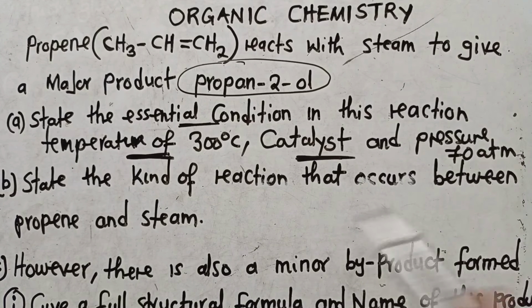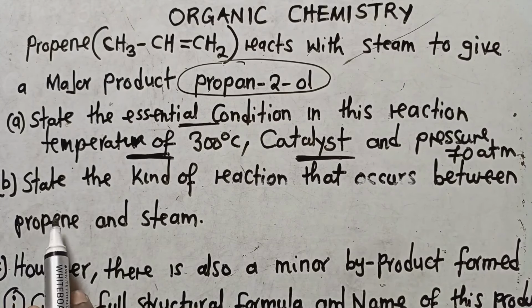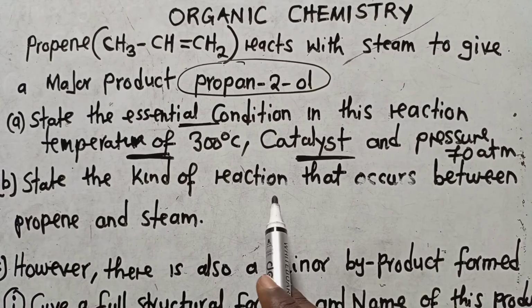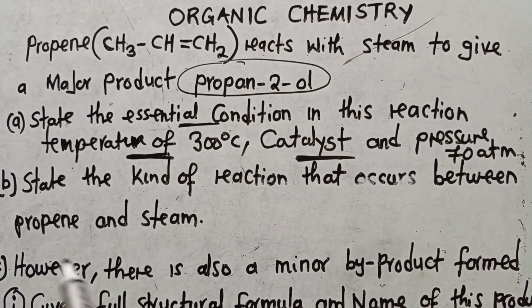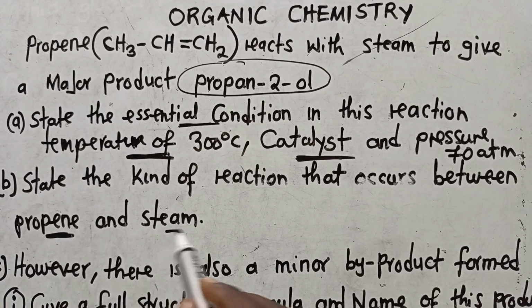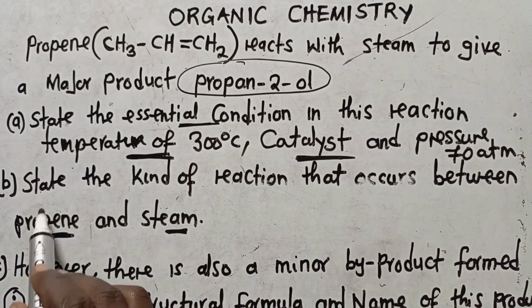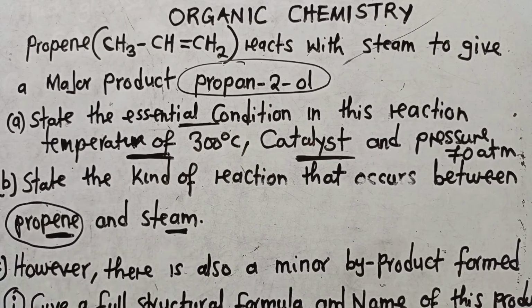After that, we go to the next question, which says, state the kind of reaction that occurs between propene and steam. This propene is an alkene. It is the same as being asked the kind of reaction between steam and any alkene.